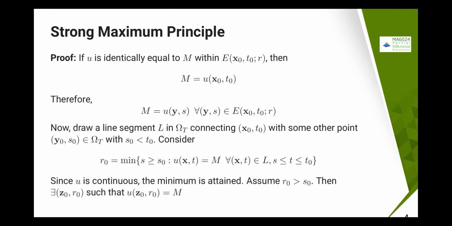So a closed and bounded set in R power n is compact. And this interval s less than or equal to t less than or equal to t naught is also closed and bounded, therefore compact.